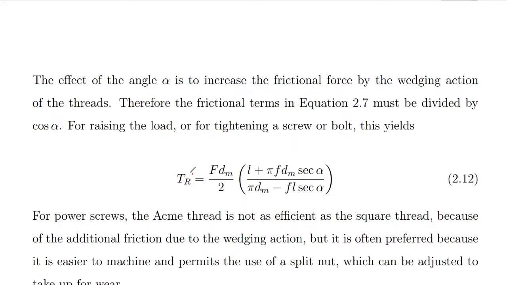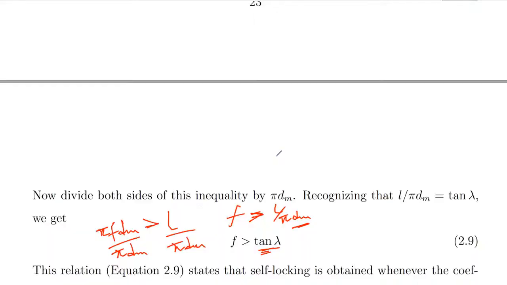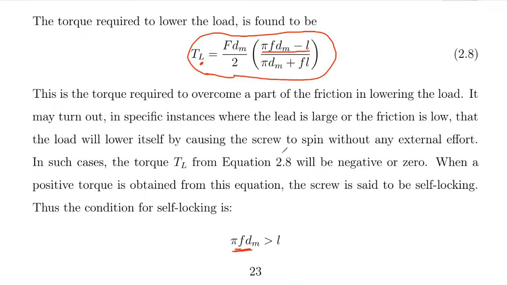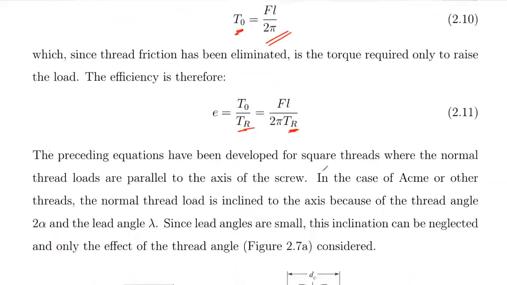The effect of this angle alpha is to increase the friction force by the wedging action of the thread. Therefore, the friction terms in equation 2.7, which is the equation we have here, will have to change.